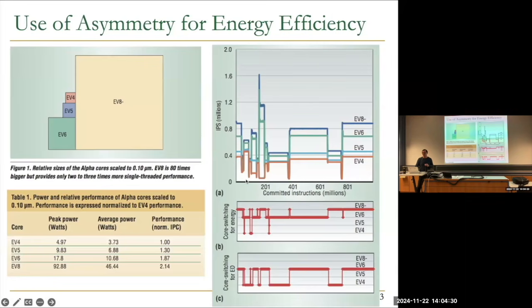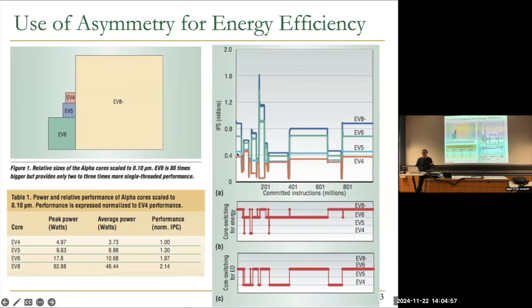It shows what kind of instructions per second performance you're getting. Clearly, there are some phases where EV8 is much higher performance than EV6, EV5, EV4. And there are some phases where their performance is similar, right? And this could be because you don't have a lot of instruction level parallelism to exploit in EV8 in some particular phase, whereas in some other phases, there's a lot of instruction level parallelism to exploit, etc.